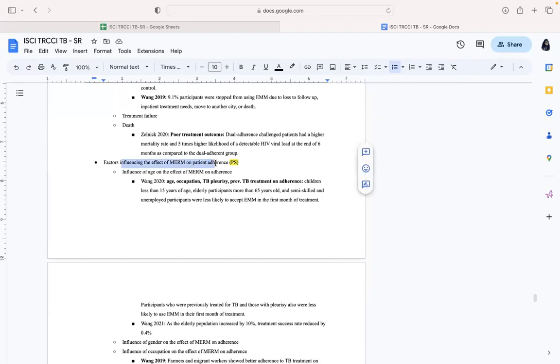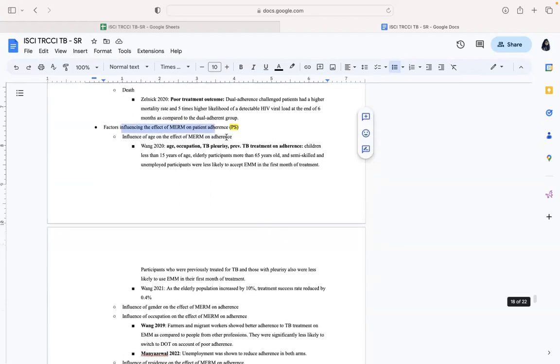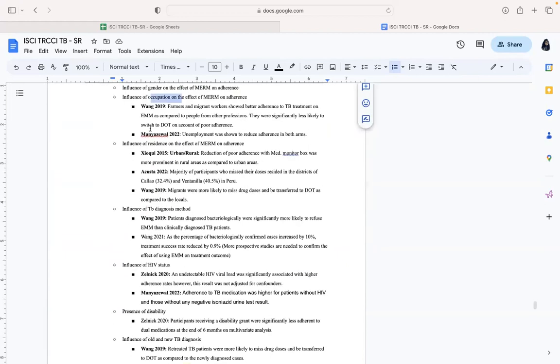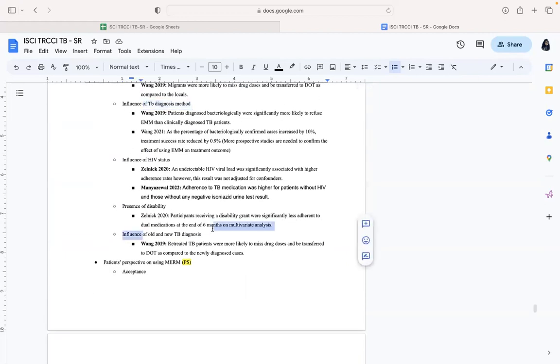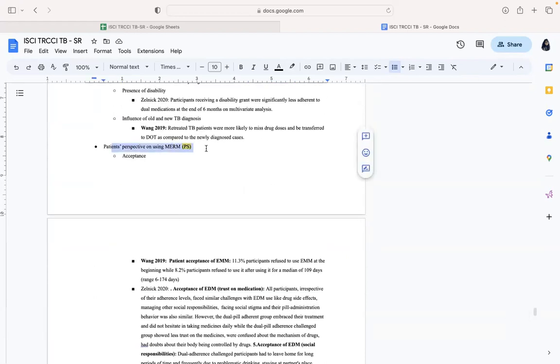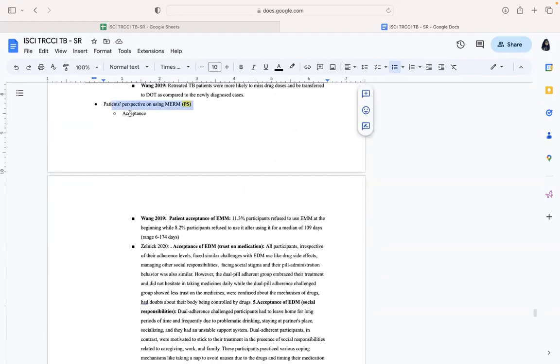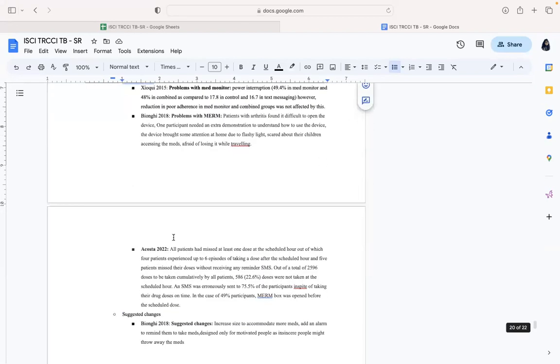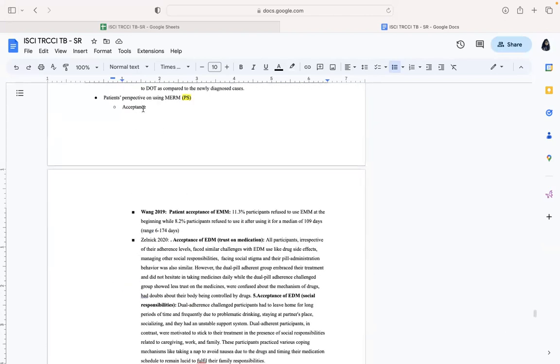Then factors influencing the effect of MERM on adherence: age, gender, occupation, residence, TB diagnosis method, old new TB cases, HIV status, all of this. Then patient's perspective on using MERM. So good points and bad points, advantages, disadvantages, acceptance.